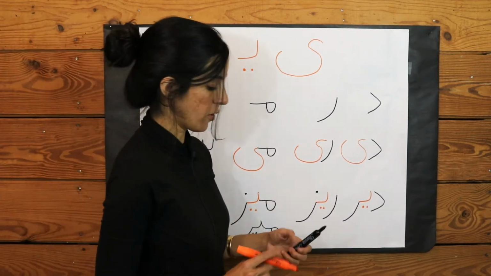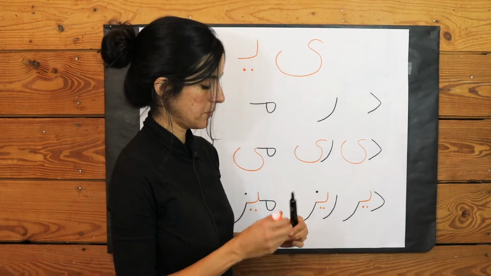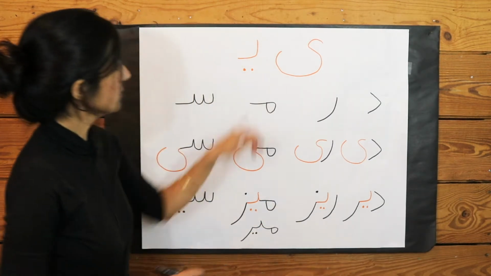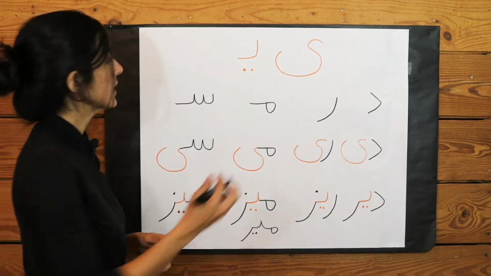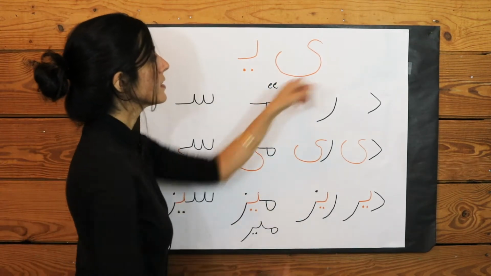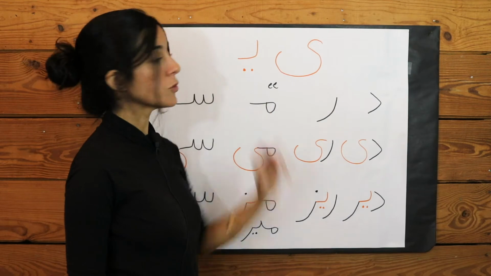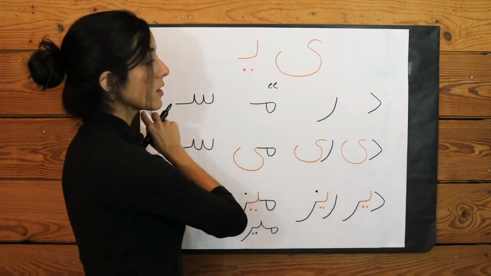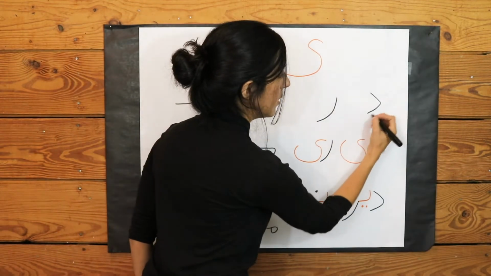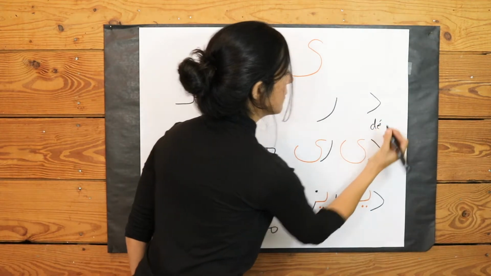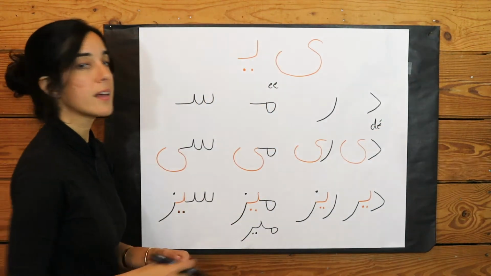So again, let's go over all of these together. This is our vowel. It's E. This is E bozorg, E kuchik. These are our consonants, which you should know very well by now. This is de. This one, re.